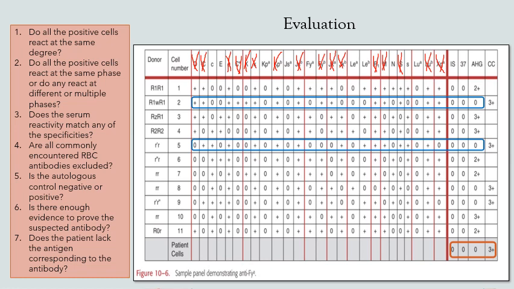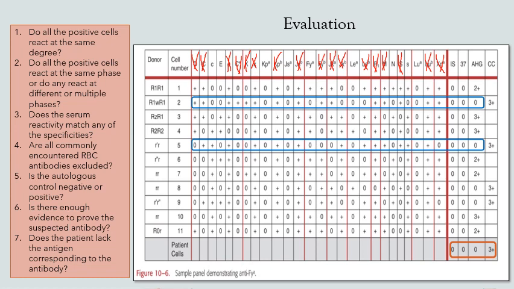LEB excluded, P1, M, S, then small s, we will not exclude small s because it shows dosage here. And then Lutheran B excluded already.